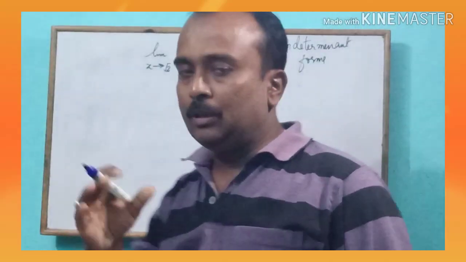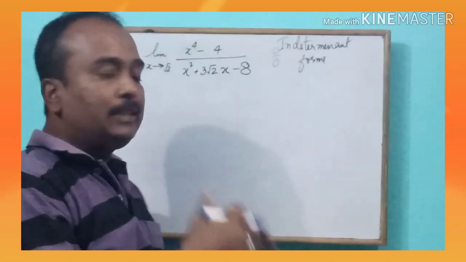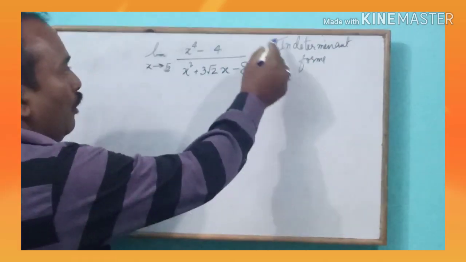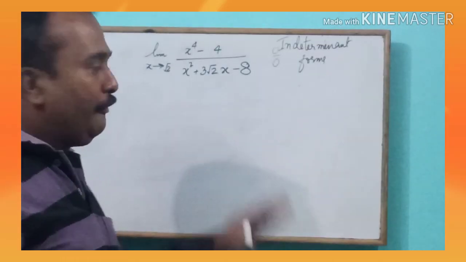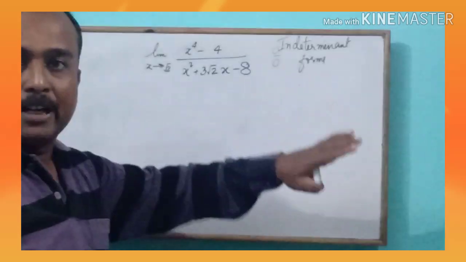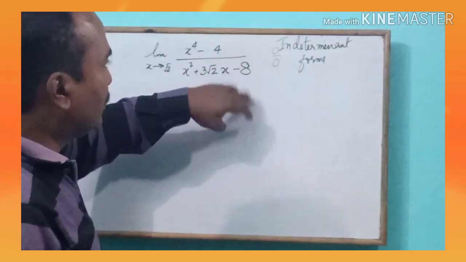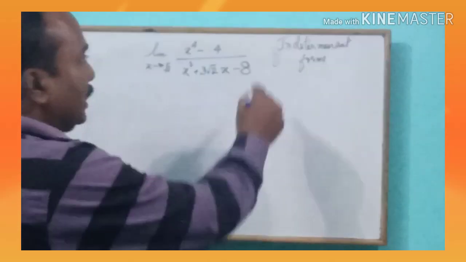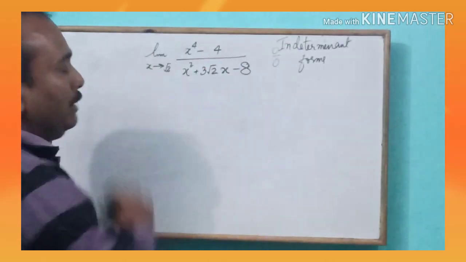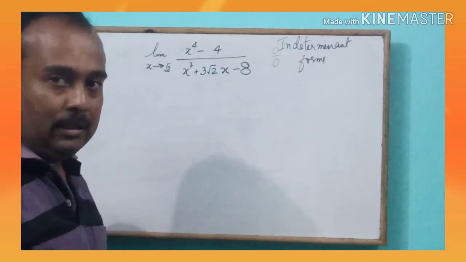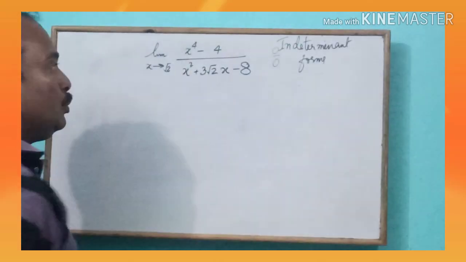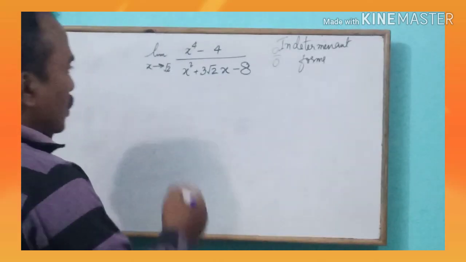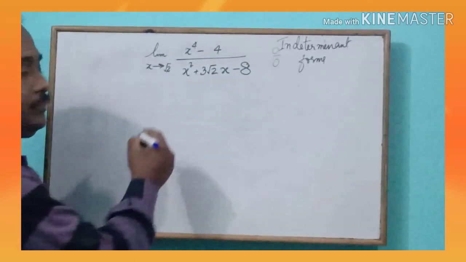The forms or the expressions which cannot be determined. So when we have this type of form, we try to factorize. We don't directly put the value, because this is something meaningless, which cannot be determined. So we try to factorize and cancel the common factors from the numerator and the denominator. So let us see how it is done.